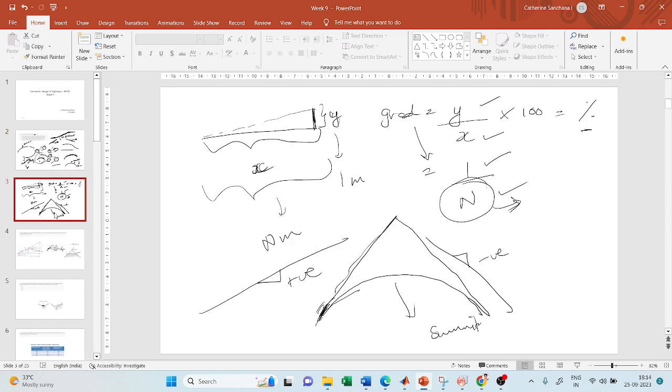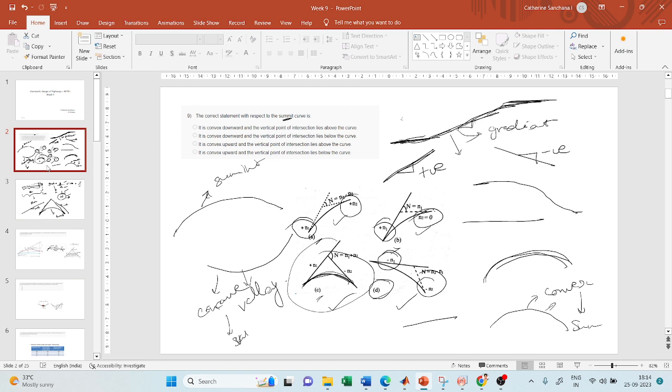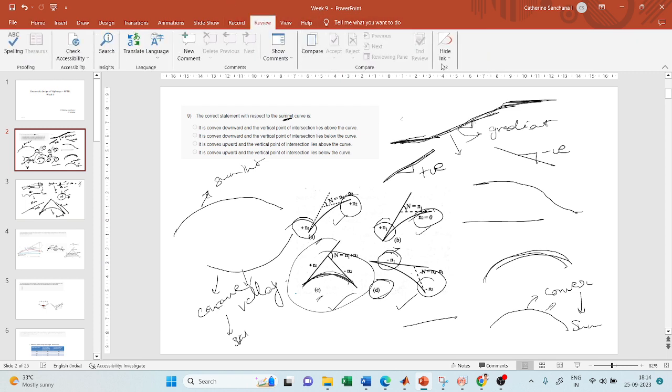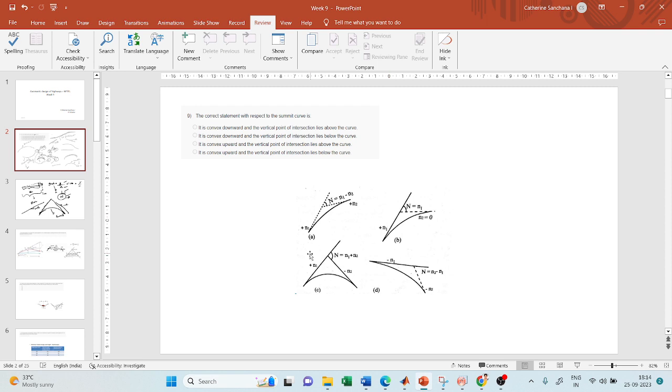Given this case, how will you identify if it is a summit curve or a valley curve? Because not always you will be given pictures like this. It is easy to figure out from this picture that all are summit curves, since all look convex in shape.